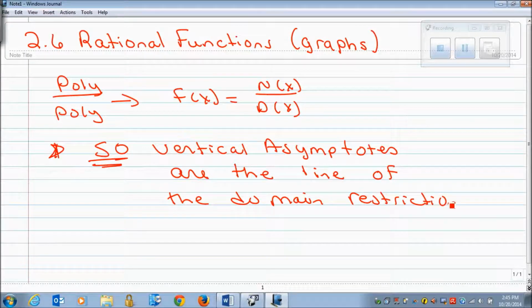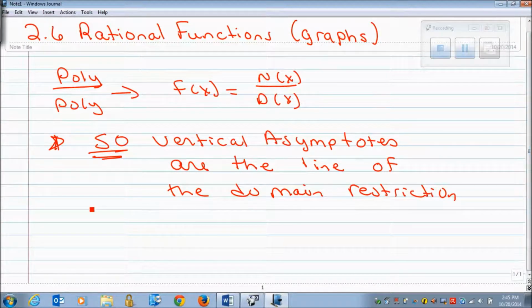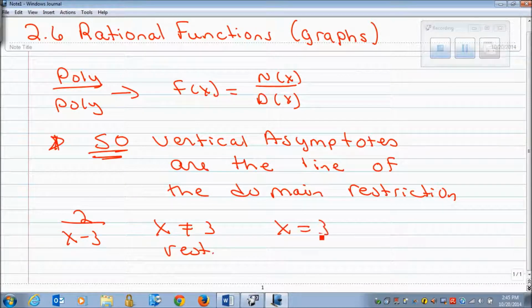In other words, if we have 2 over x minus 3, x cannot equal 3 is our restriction, and x equals 3 is our vertical asymptote. Woohoo! Go Bearcats!